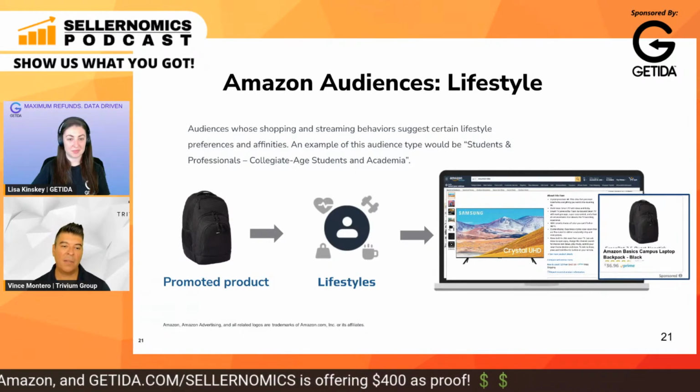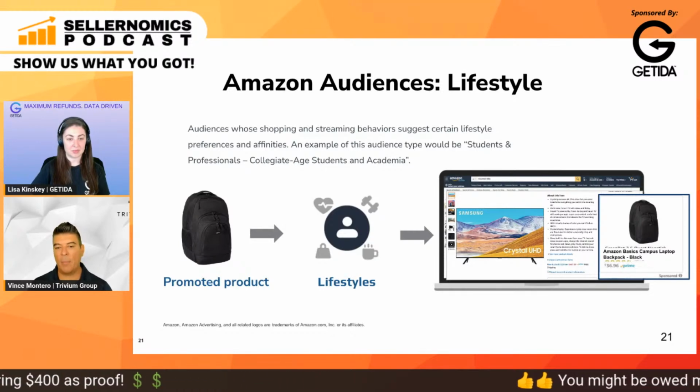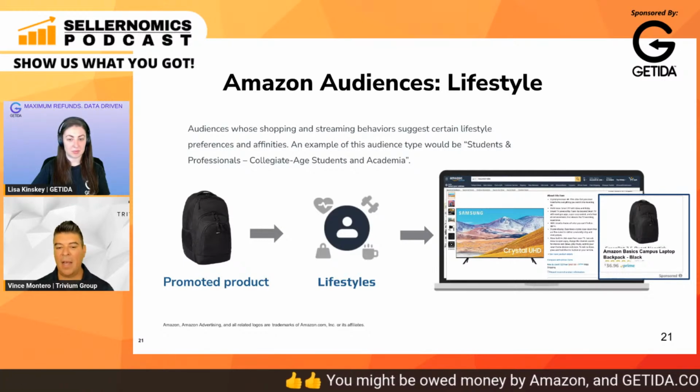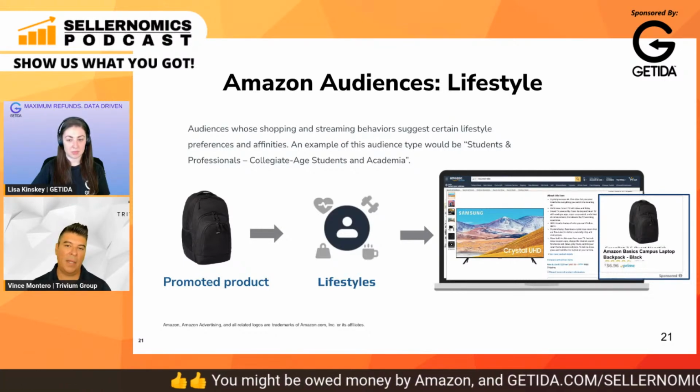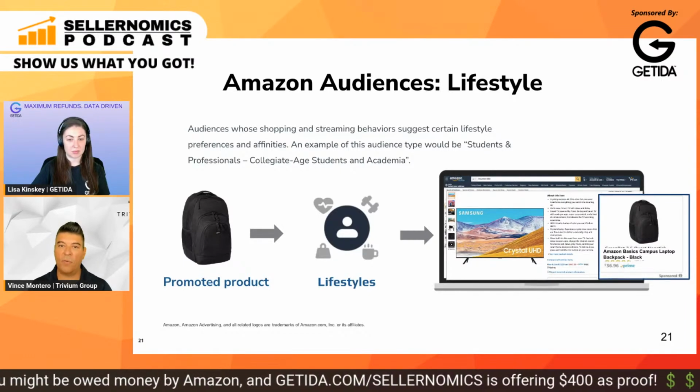The lifestyle audience is basically audiences whose shopping and streaming behaviors suggest certain lifestyle preferences. An example would be students and professionals, college age students, and academia. Let's say this person is in this audience, but they're searching for a brand new TV.